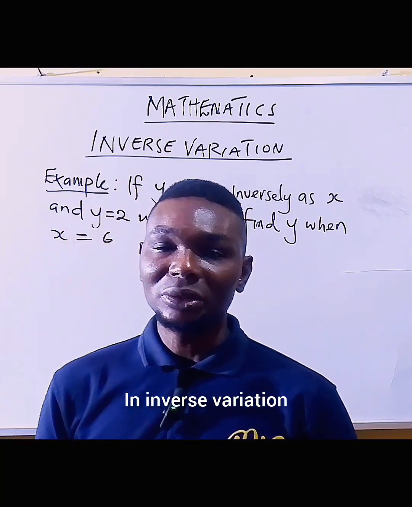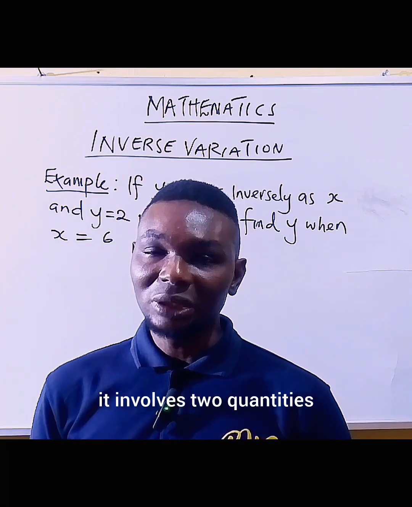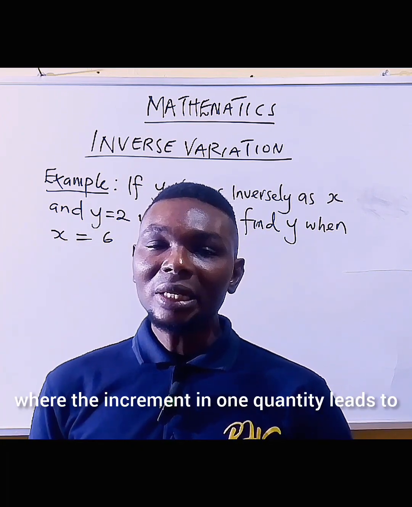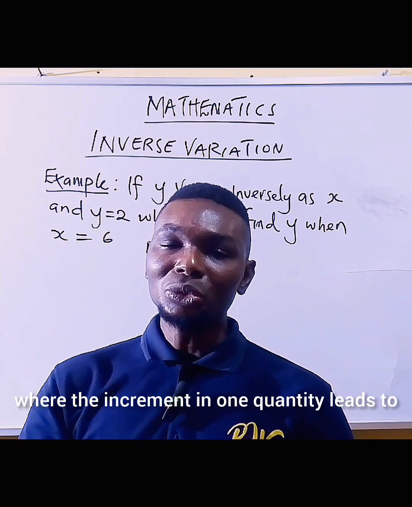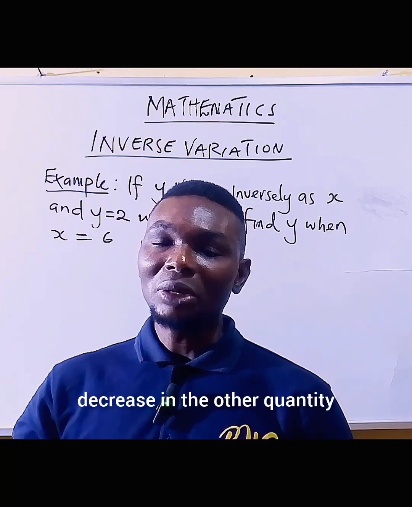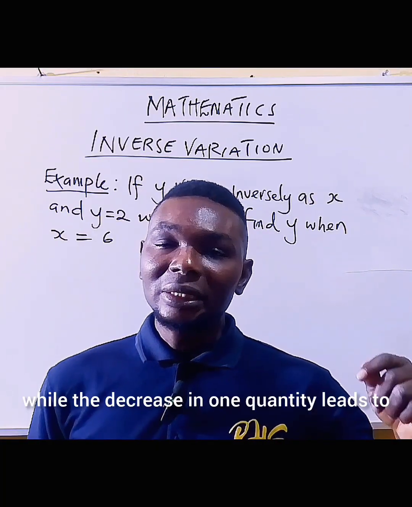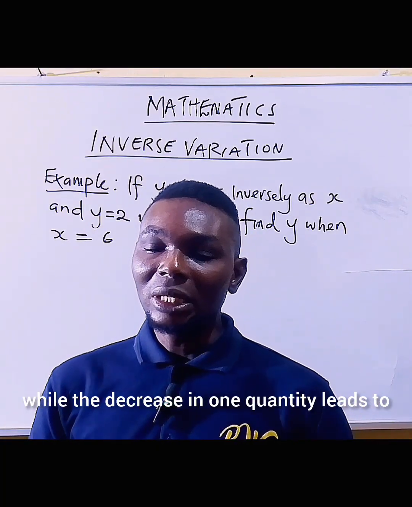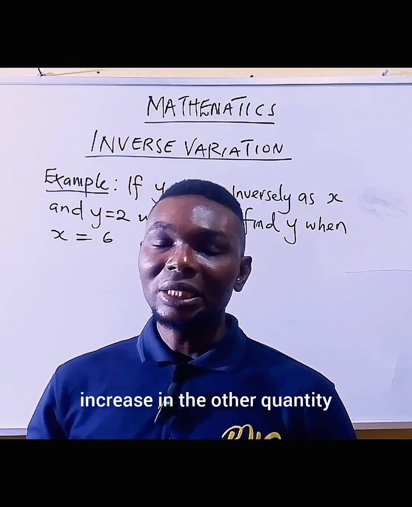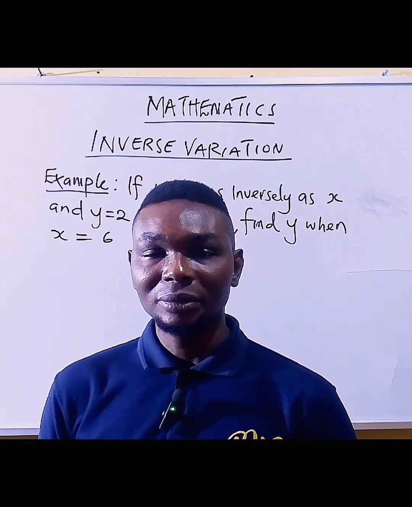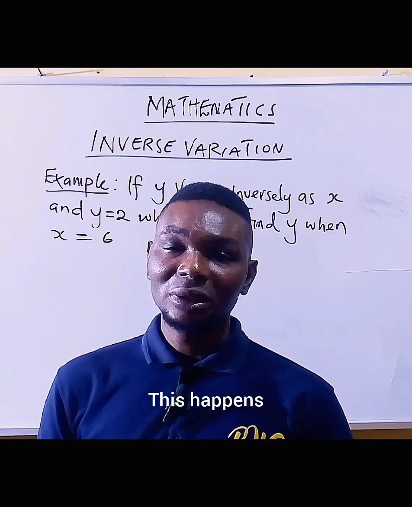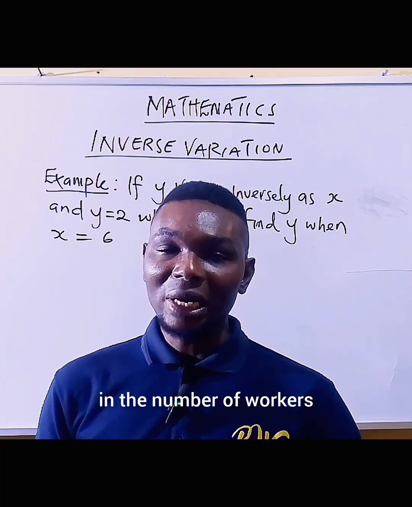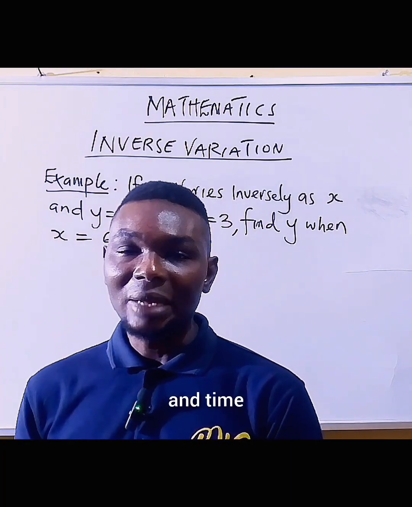In inverse variation, it involves two quantities where the increment in one quantity leads to a decrease in the other quantity, while the decrease in one quantity leads to an increase in the other quantity. This happens with the number of workers and time.